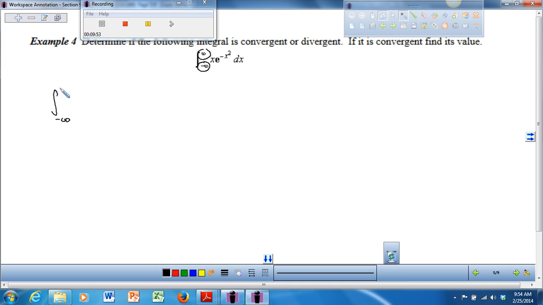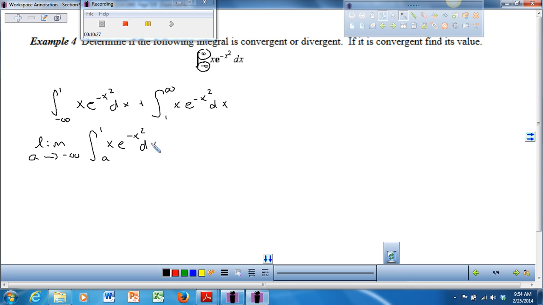I went to 1, I think. x e to the negative x squared dx plus what integral? 1 to infinity of x e to the negative x squared dx. And then we'll add in our limit. Plus the limit as b goes to infinity, integral from 1 to b of x e to the negative x squared dx.